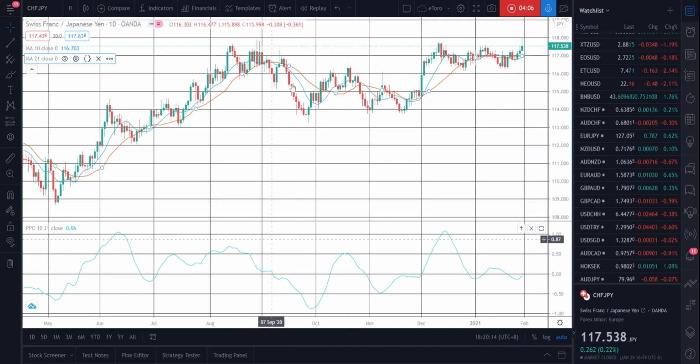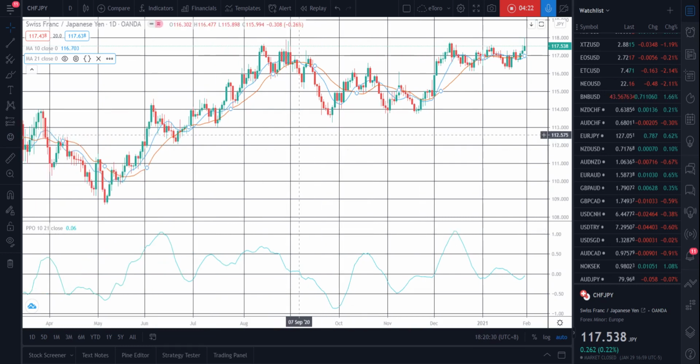So you actually don't need to use those two moving averages there, and you can use only the one price oscillator indicator to determine the crossing points. But I'm going to use moving averages anyway.